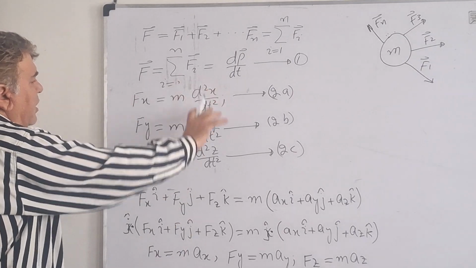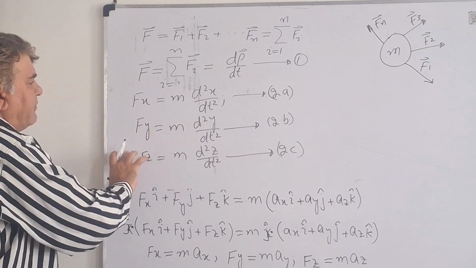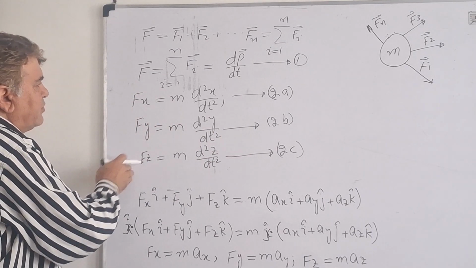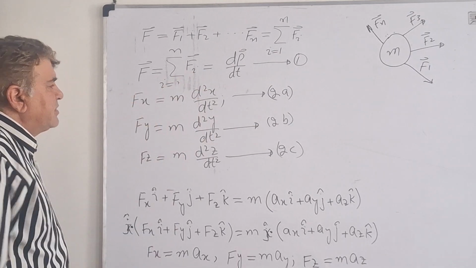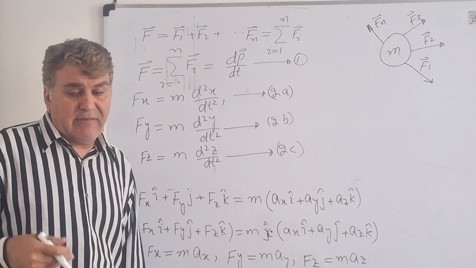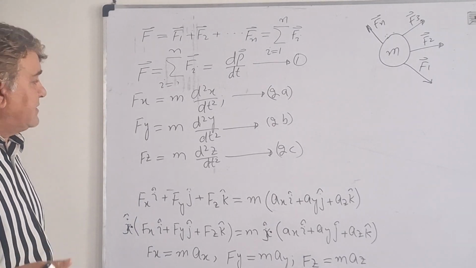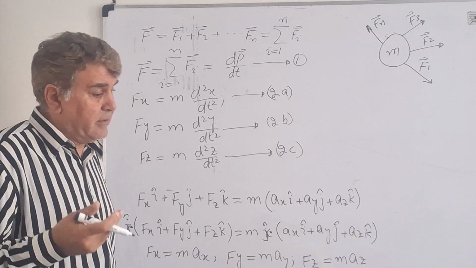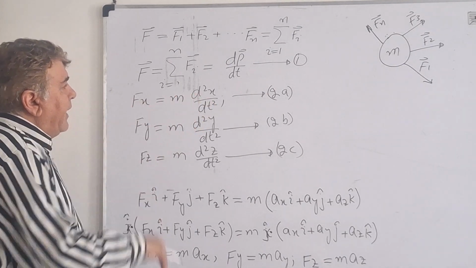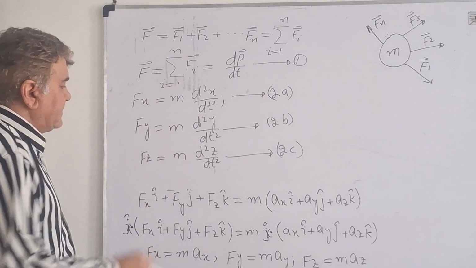On the other hand, if we know the components of force, we can find the components of acceleration. And then using the equations of motion, we can find the components of velocity and then the components of the position vector. So we are then able to solve any problem if we know these things.